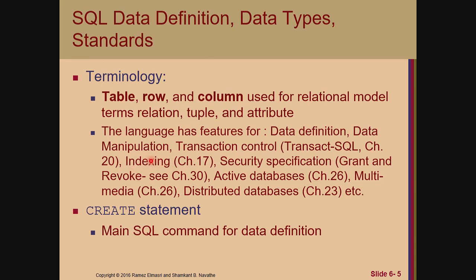When you want to search something, if you have 1 million rows and you don't have any index, you have to do a sequential search. It spends a lot of time. But if you have an index structure like B-tree or hashing, it's faster. But you need more space to contain this index. And security specification, and active databases like log data, multimedia and distributed databases.